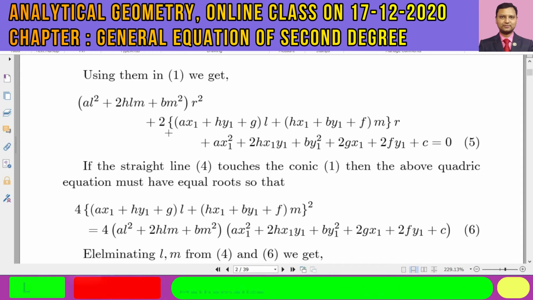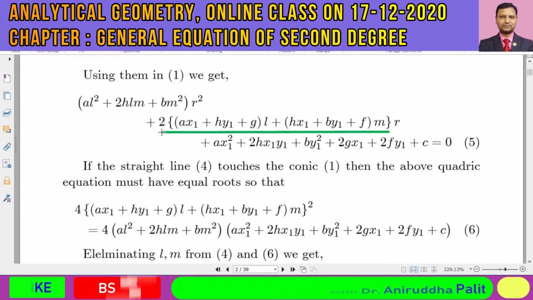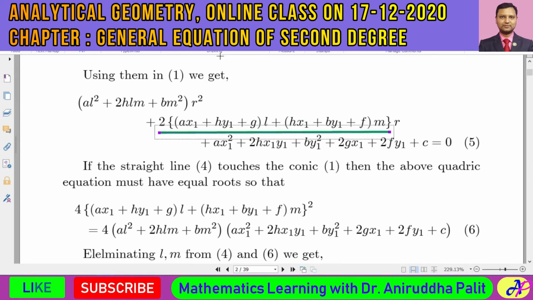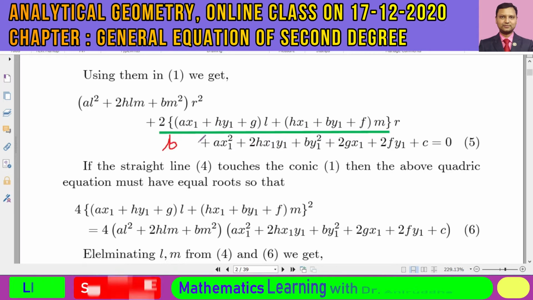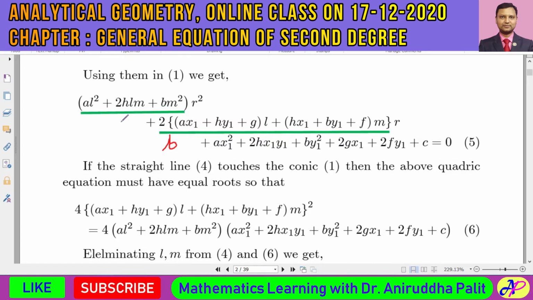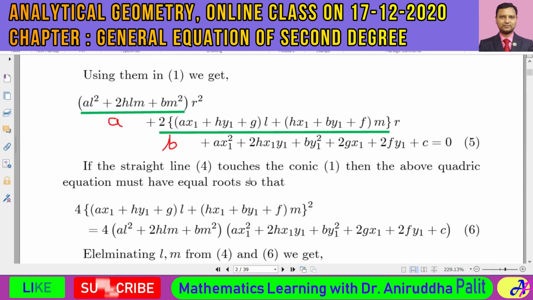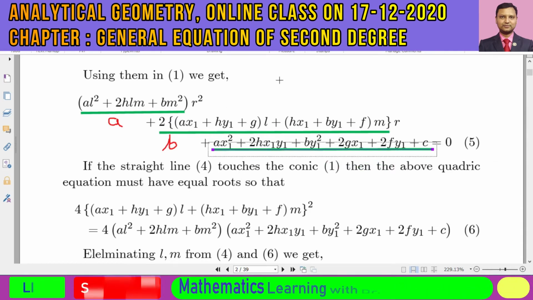This much coefficient would be equal to B. So this is our B over here, and this is our A. So we write it small a, and this is our total expression, suppose small c.